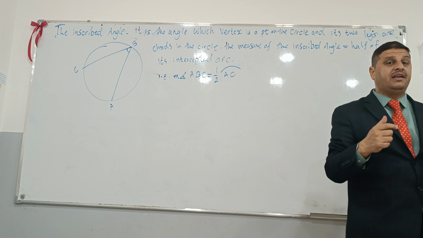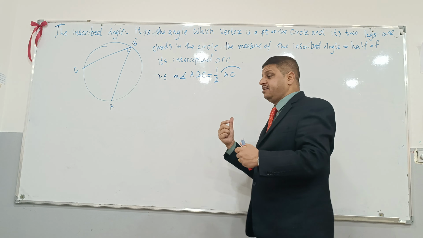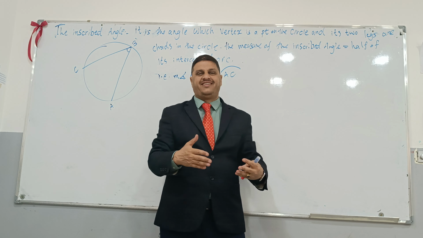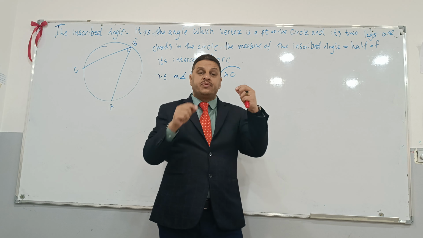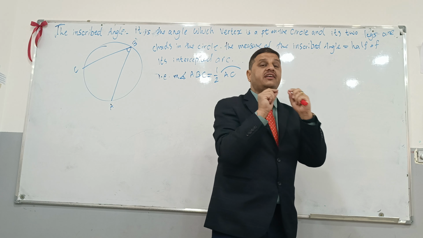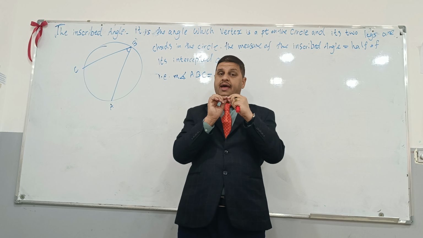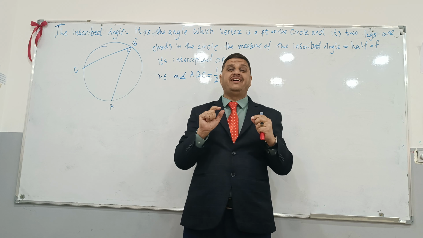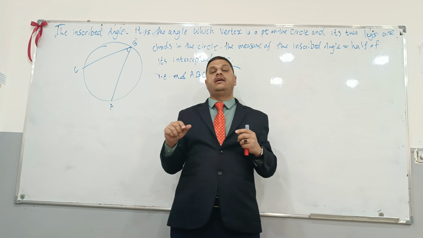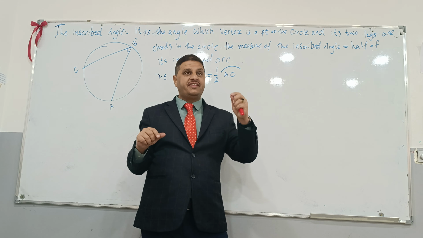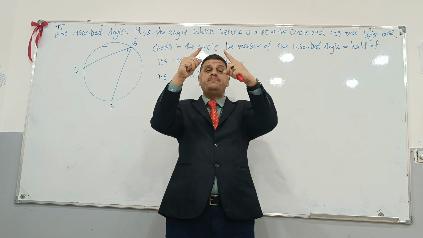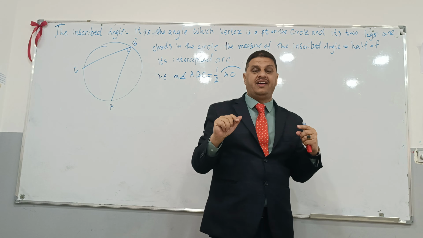The inscribed angle is different from the central angle. The central angle, its vertex is the center of the circle. But the inscribed angle, its vertex is a point on the perimeter of the circle.